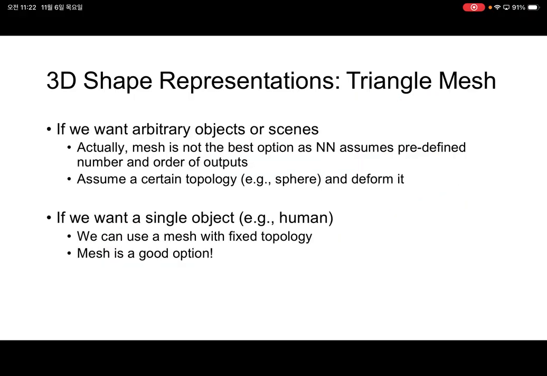So we can divide cases. If we want an arbitrary object or scene, then as I said, mesh is actually not the best option, as a neural network usually assumes a predefined number and order of outputs. In this case, maybe we can assume a certain topology and deform it. But if we're interested in a single object, for example a human, then you can use a mesh with a fixed topology, and mesh is a good option.